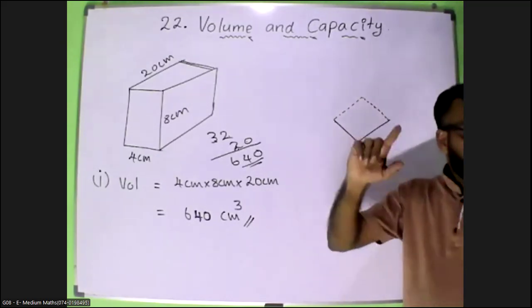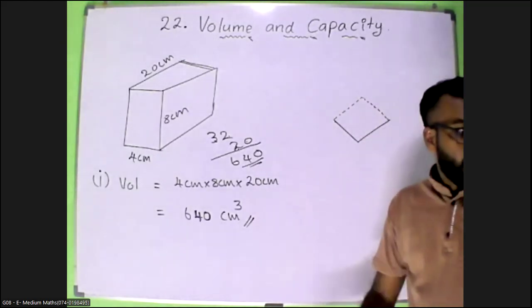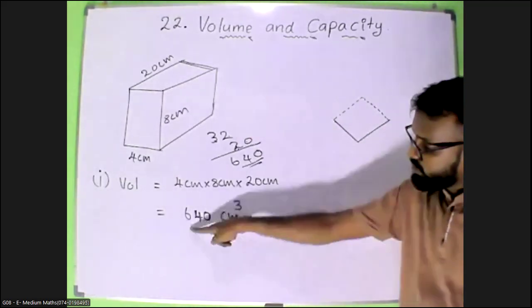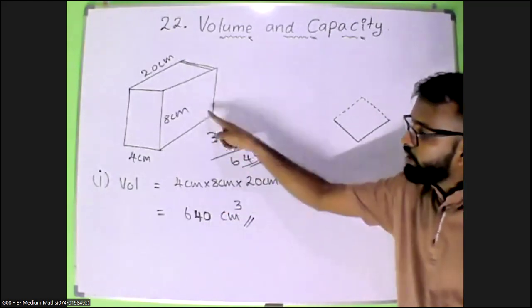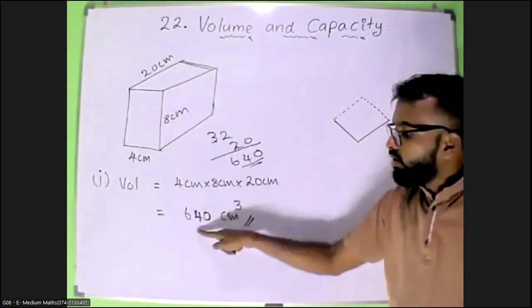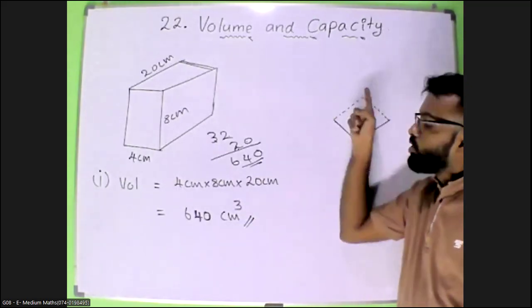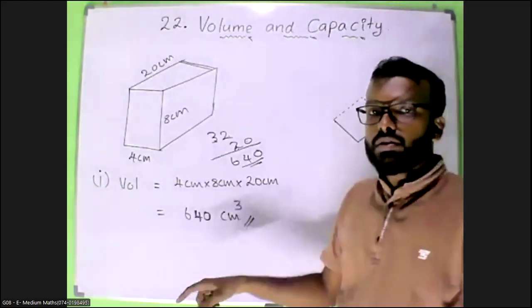The square base cuboid is of the same volume as that of the previous cuboid, right? So the volume of this cuboid is equal to the previous volume.